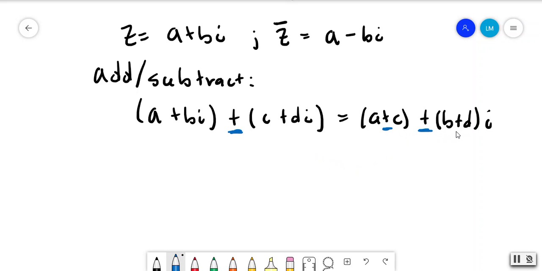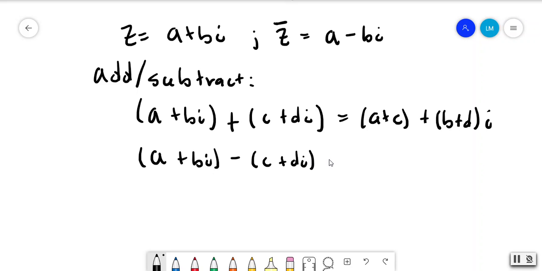Let me delete this because it'll get confusing if we try to combine it using plus-minus. So for subtraction, if you do a plus b i minus c plus d i, this will be a minus c, plus b minus d times i. That's why I was getting confused.